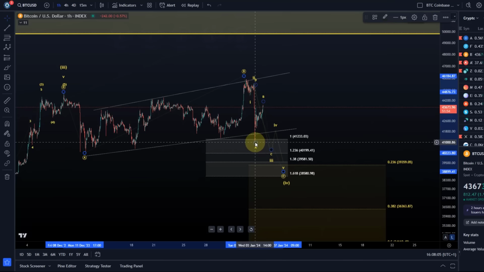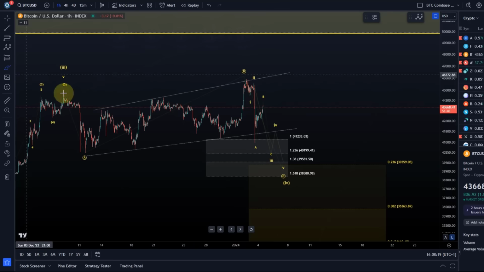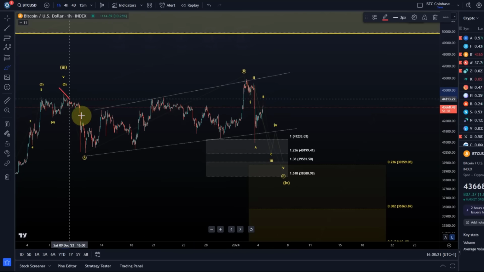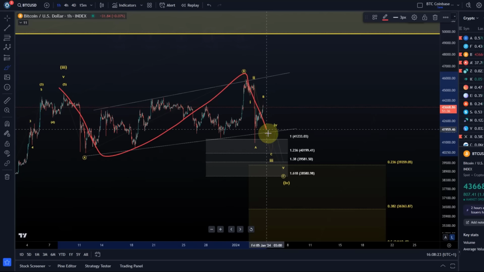Bear in mind, it was already reached. The 100% extension level of the A wave was already reached, as I said yesterday, which means we have to be on the side of caution. The low could be in at any point, but it would have to be a so-called WXY structure. What does that mean? In an ABC, as I've got it, I would like to see further downside, at least one, maybe two more lows.